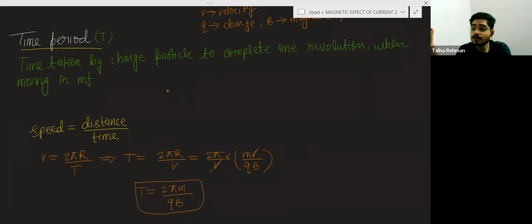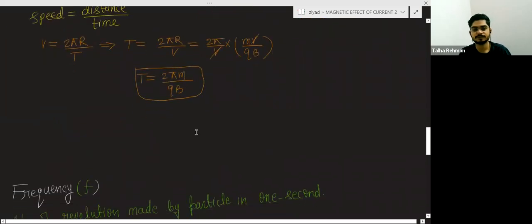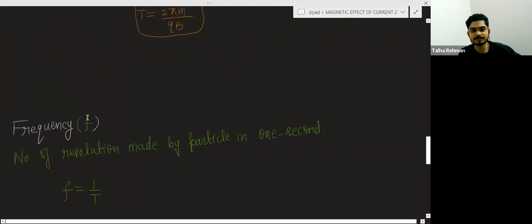Now there is one more term here, frequency. Frequency is 1 upon time period. If you want to define the frequency, it is the number of revolutions made by the charged particle in 1 second. The frequency is represented by small f.